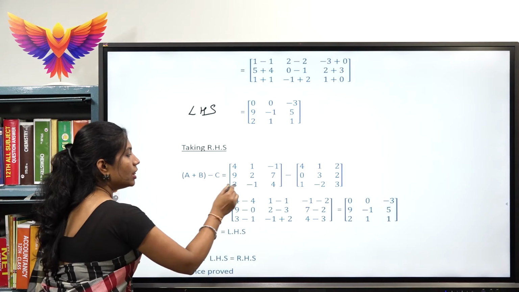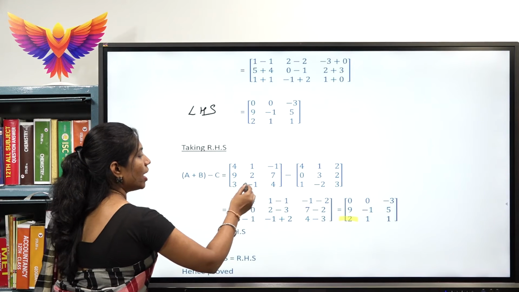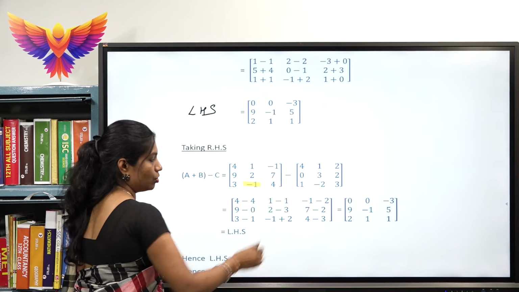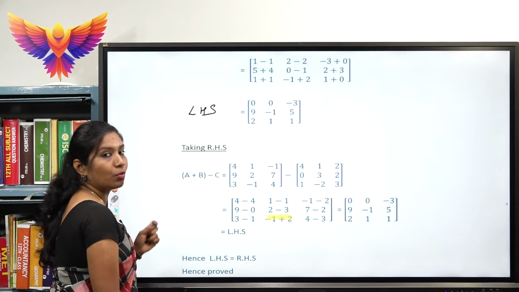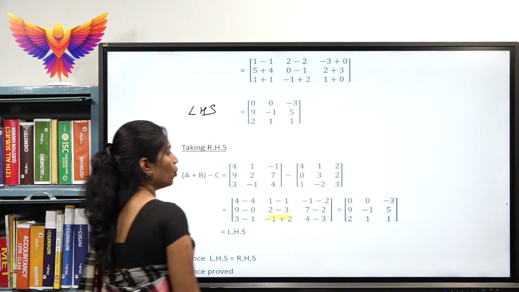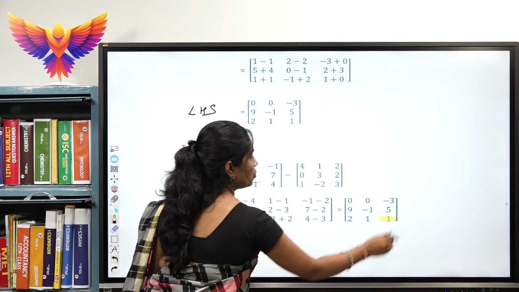Same way, 3 minus 1, I will be getting 2. Then minus 1 minus of minus 2, which is minus 1 plus 2, which is nothing but 1. Then 4 minus 3, which is 1 again.